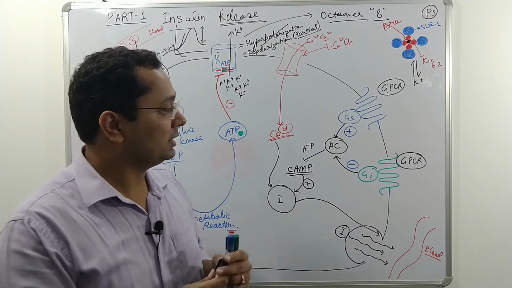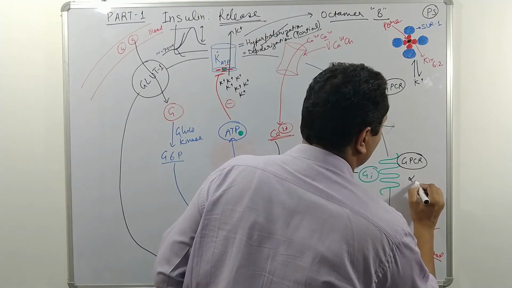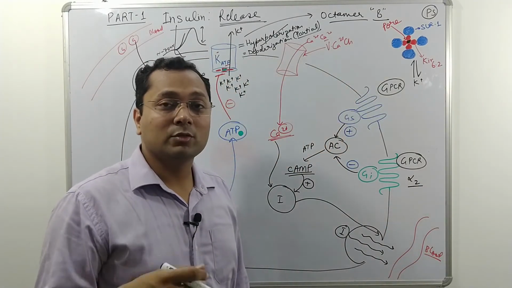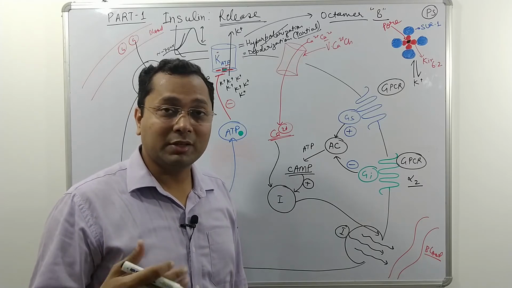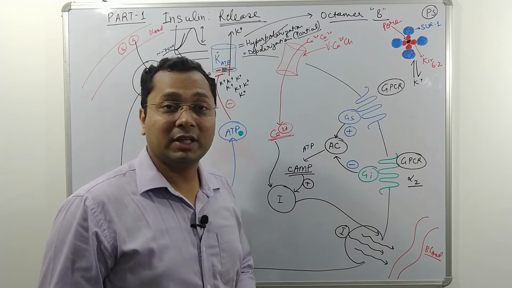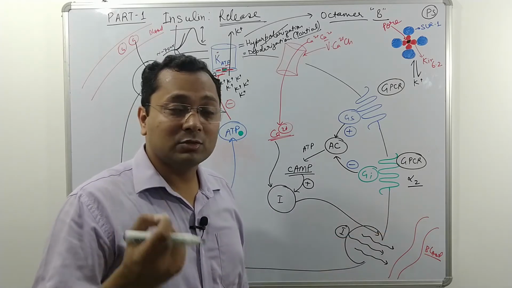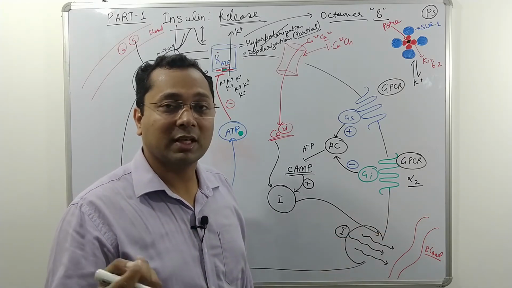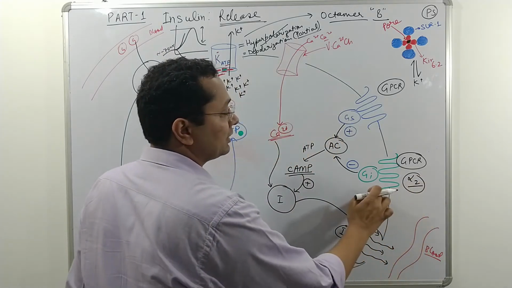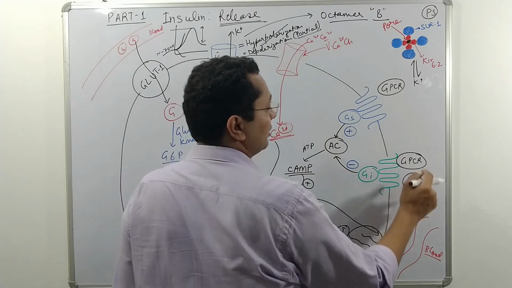So in that condition there is stimulation of alpha 2 receptor, because what is the function of insulin? Insulin tends to reduce blood glucose level, but during stress condition, if our muscles have to perform certain strenuous activities, then this insulin action has to stop. Now this alpha 2 receptor is coupled to Gi.